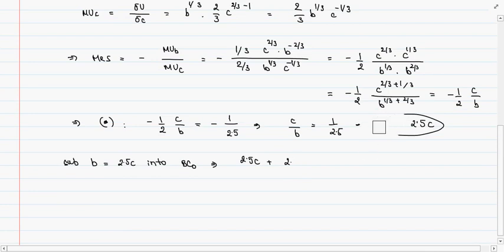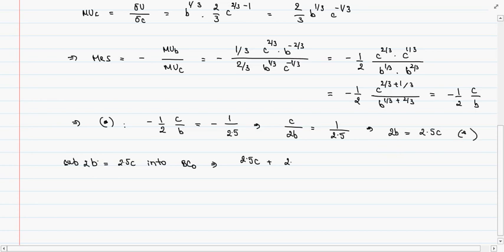Sorry, this is not right. I just forgot about a half over here. So what I got is C over 2B equal to 1 over 2.5. I'll just get rid of the negative sign. So what I got over here is B equal to 2.5C. Okay, so that is my star condition.